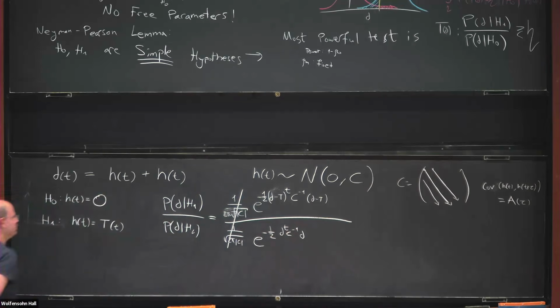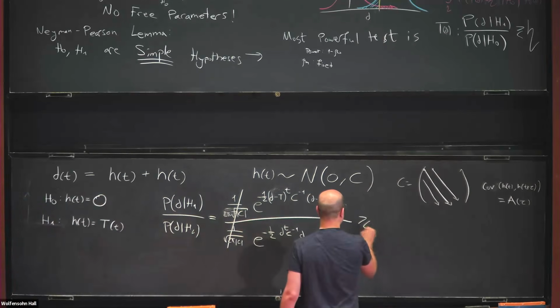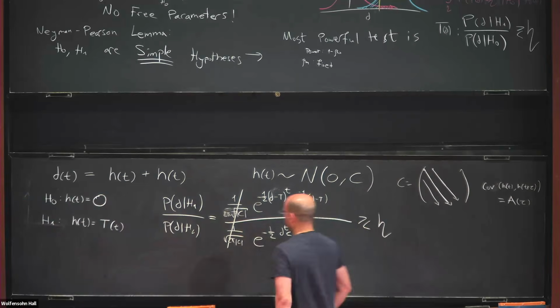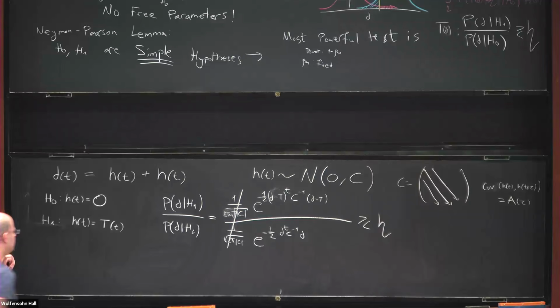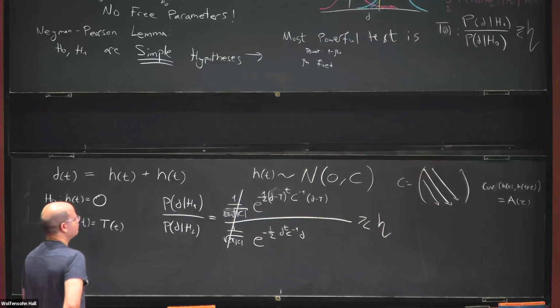Here is a test, and Neyman-Pearson is telling me to compare this to see whether it is larger or smaller than eta. Now, this test is not what Teja was showing. Have you ever seen these exponents? They should not be there. So let's do another thing.